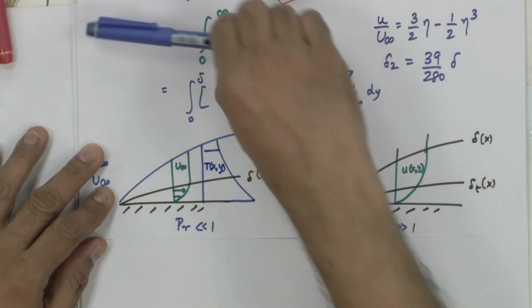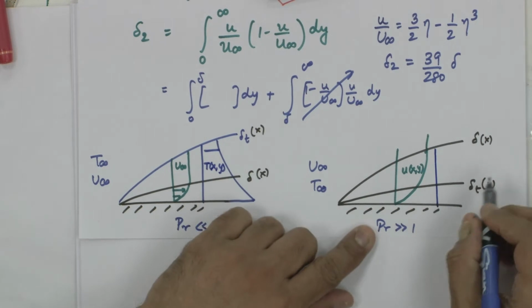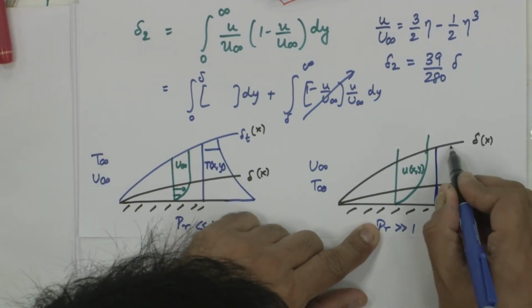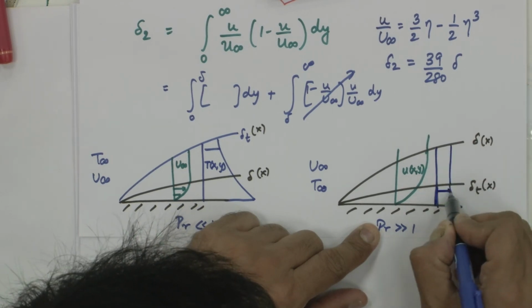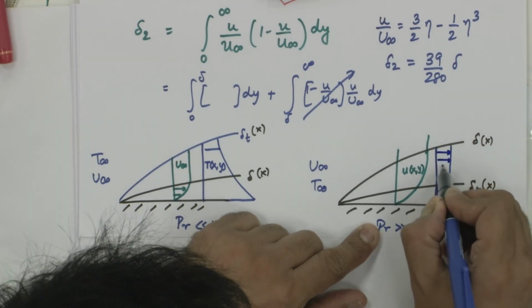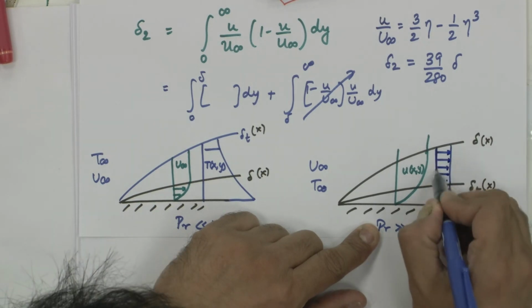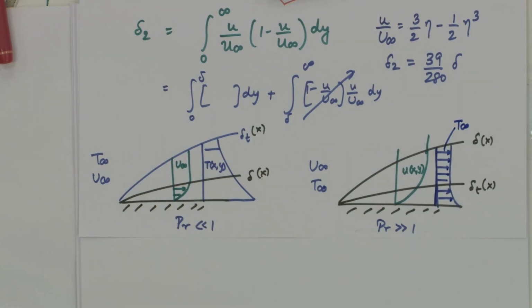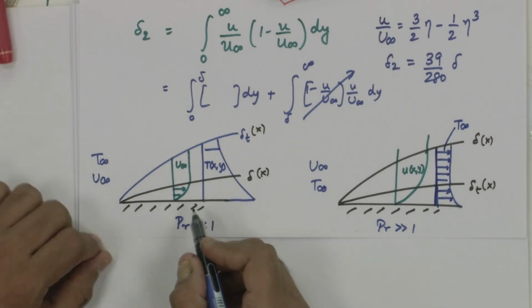What about the temperature profile here? Varying here, constant here. This is not drawn to scale, but this is T infinity, constant. So, unless delta and delta T are growing at the same rate, which is valid only for a small range of Prandtl number, you can see where the complexity comes.